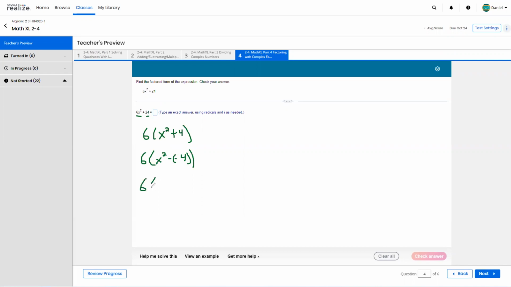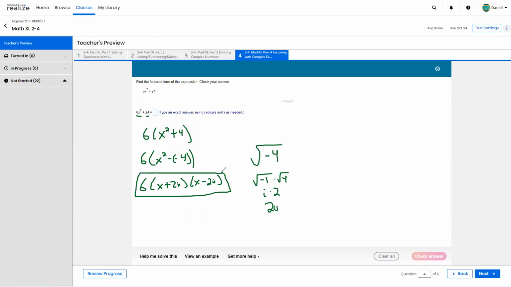So that becomes x plus, and then x minus the square root of negative 4. That's the square root of negative 1 times the square root of 4, which is i times 2, or 2i. So plus 2i and minus 2i. I think it's that straightforward, and that's factoring.